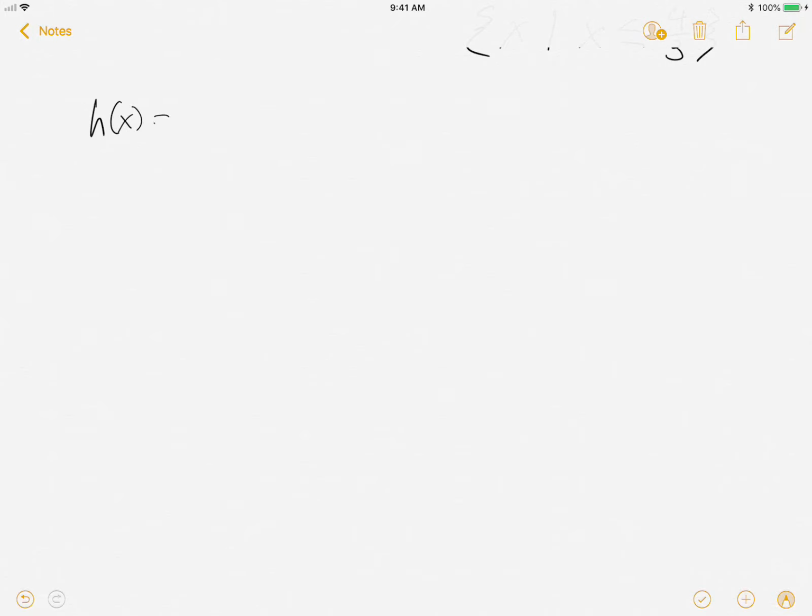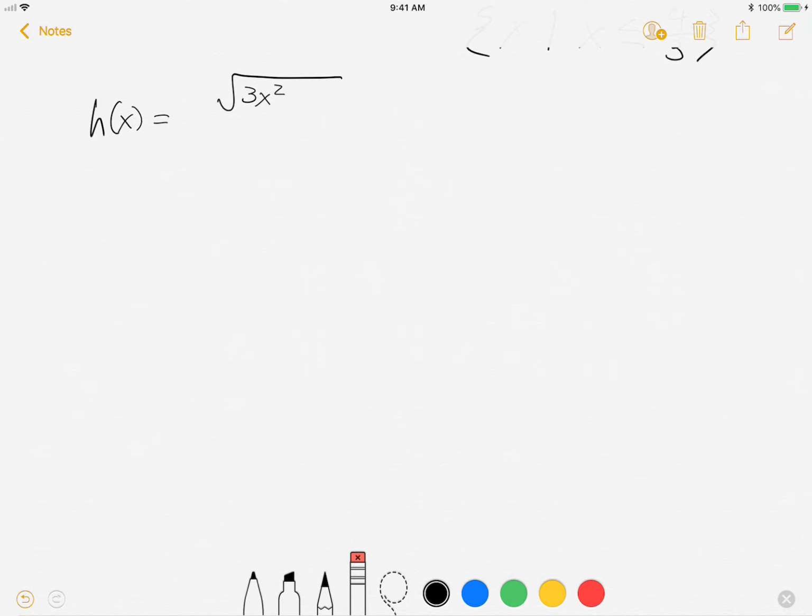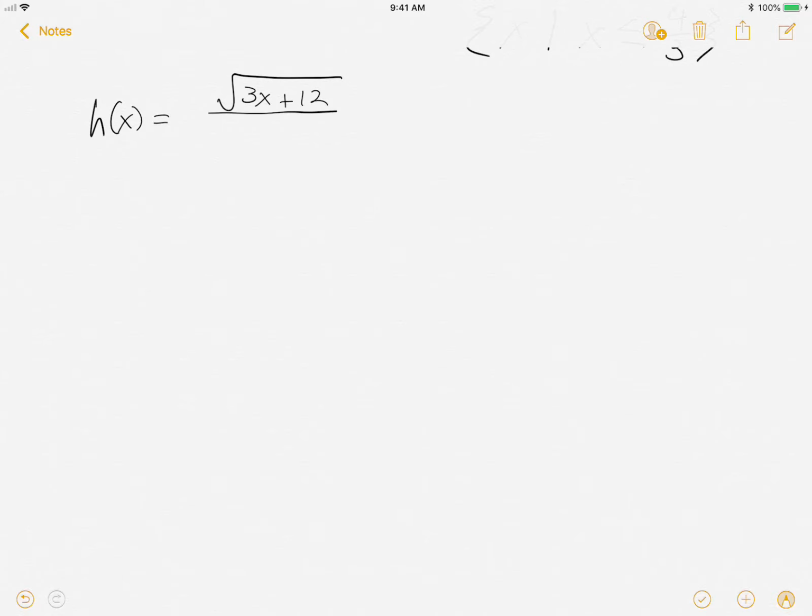Let's say h of x is the square root of 3x plus 12, all over x minus 5. Well, first off, we know x minus 5 cannot equal 0, so x cannot equal 5.